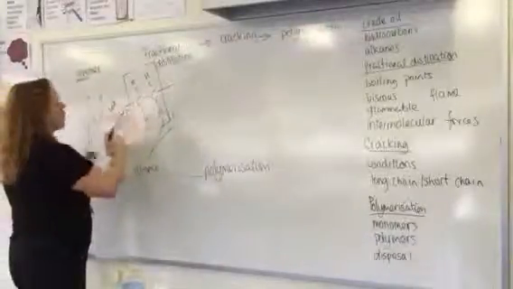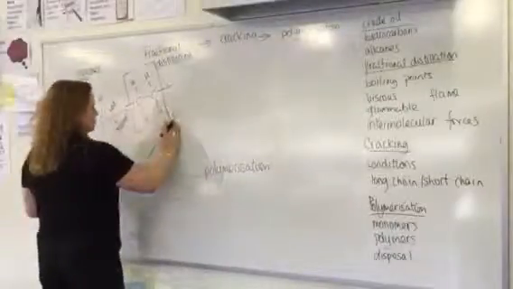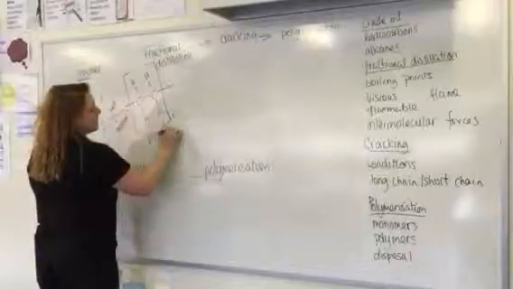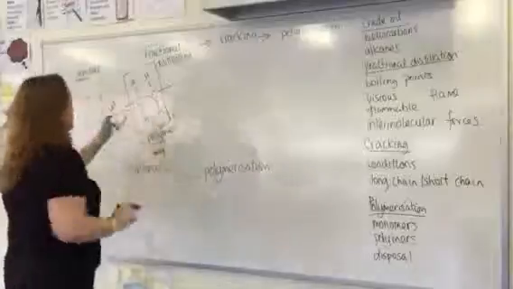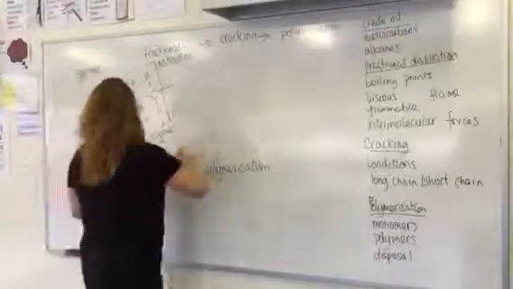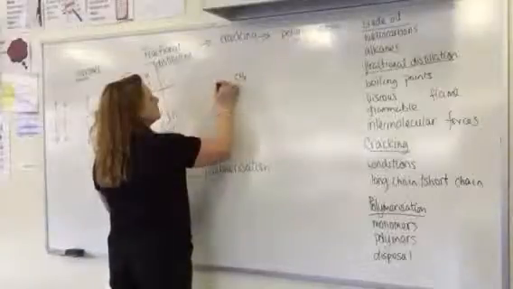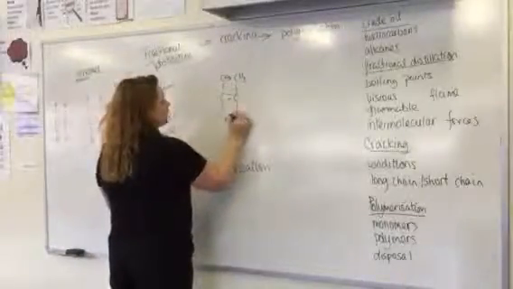Now this is no longer a monomer, because there's not just one of these things anymore. It's called a polymer, meaning many. Poly means many. Okay? So, for example, another one might look like this. So that could be our monomer.